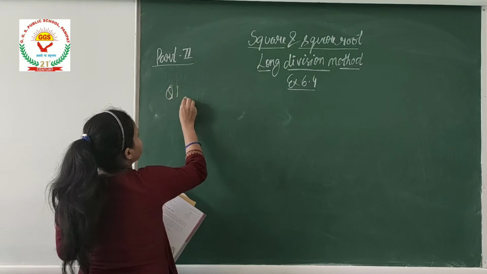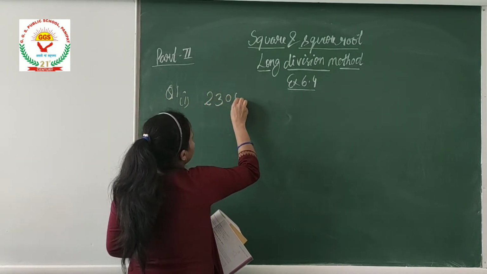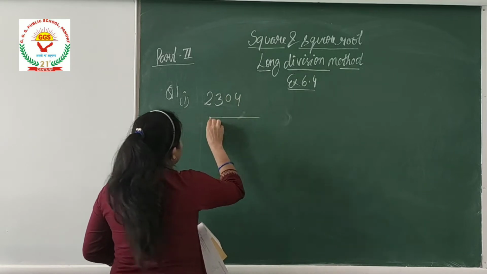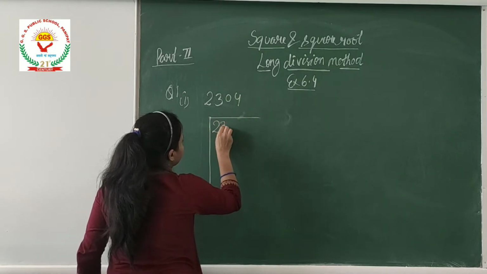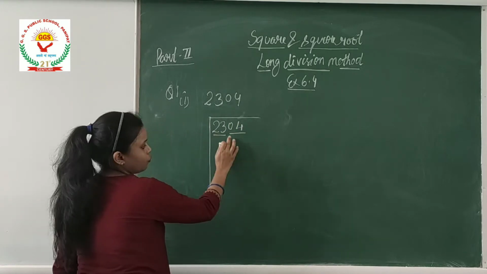Question number 1, first part, that is 2304. Let's do the question. We will make pairs, so we have two pairs.